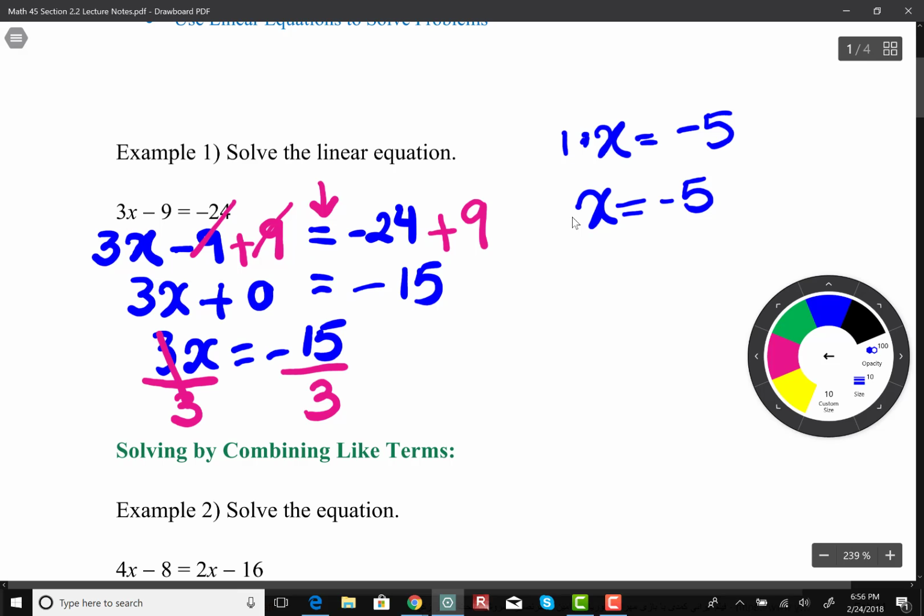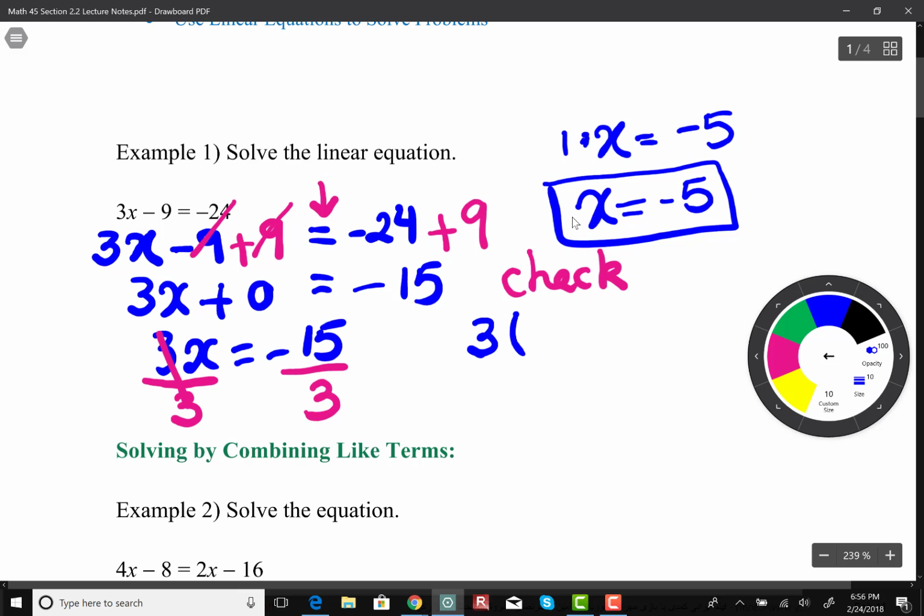And therefore, the solution would be negative 5. You can always check the solution. To check it, I'm going to write it again. This is the original equation, 3x minus 9 equals negative 24, but x is negative 5 in this case, and I will have to use order of operations.